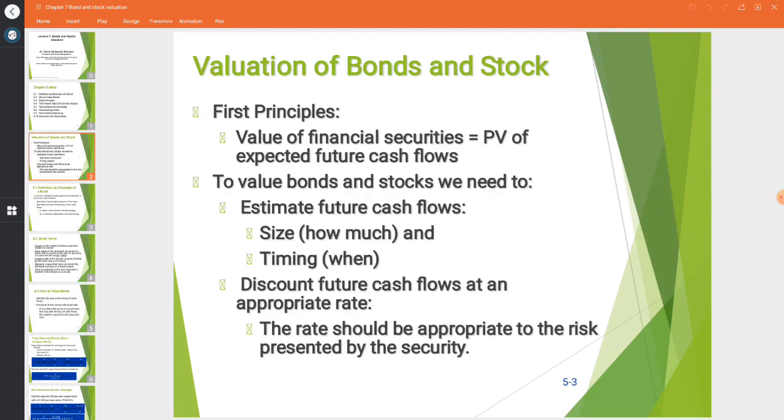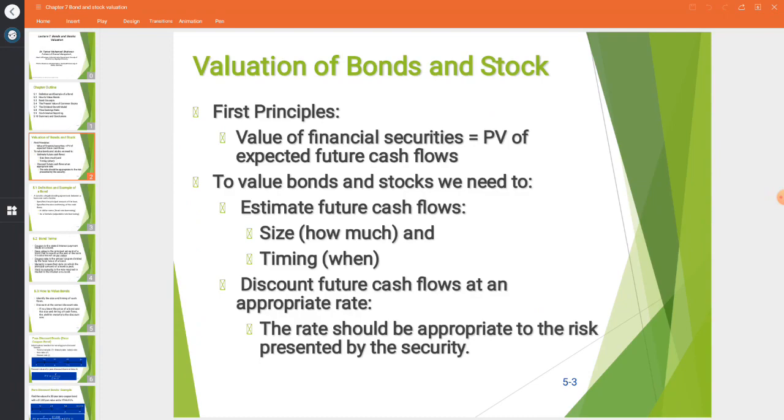First of all, for valuation of bonds and stocks, first principles, you must have the following idea. Valuation means that we are seeking to assess the market value of financial securities.